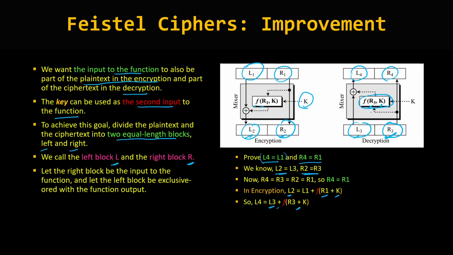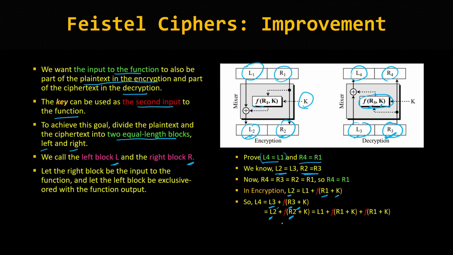Now we know that R3 is equal to R2, and L3 is equal to L2. That is why we can write L2 instead of L3, and instead of R3, we can write R2.